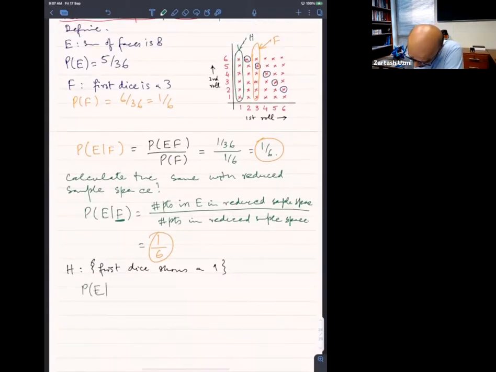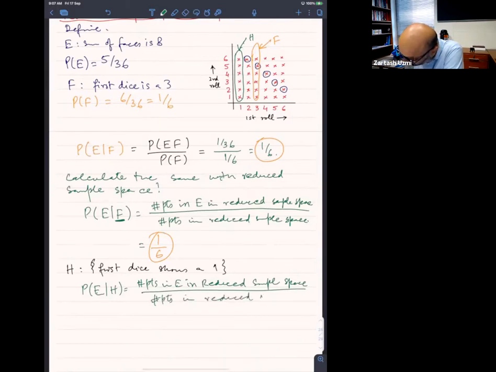So probability of E given H is again the number of points in E in the reduced sample space divided by the number of points in the reduced sample space. Now this is a different reduced sample space. When F was given, this yellow one was your reduced sample space.